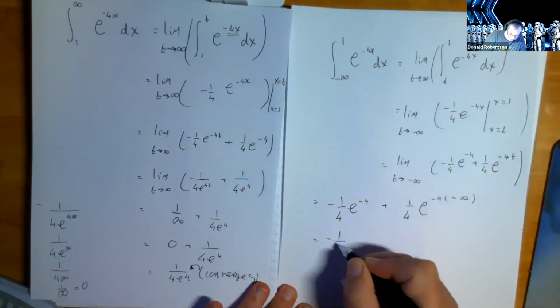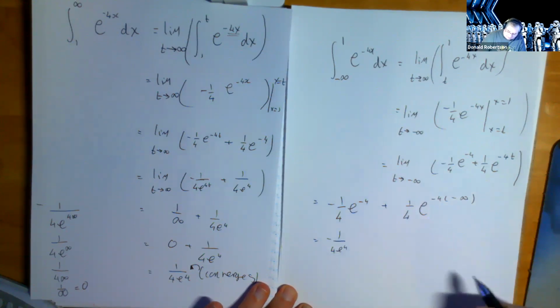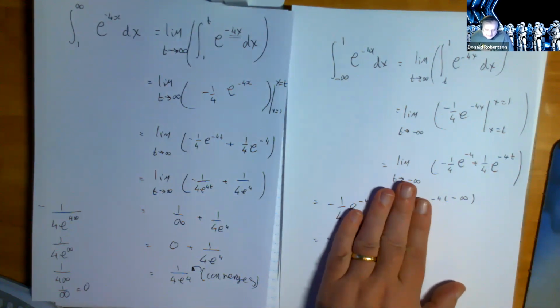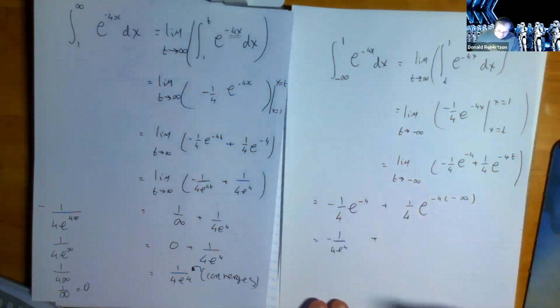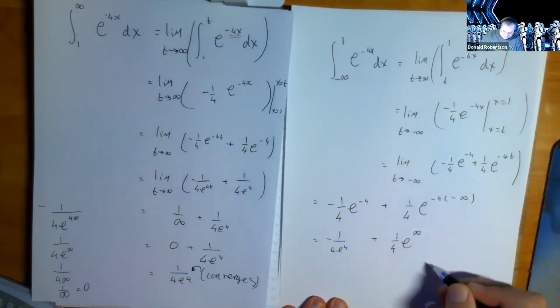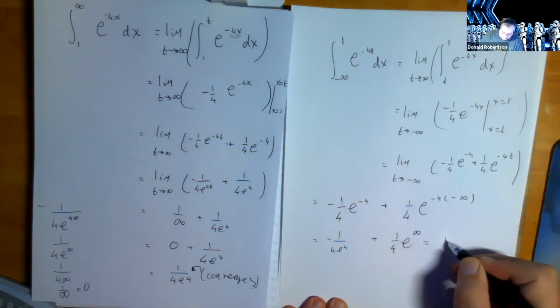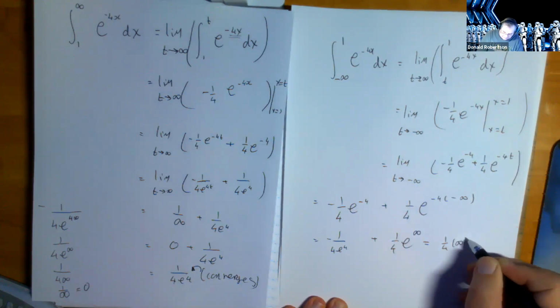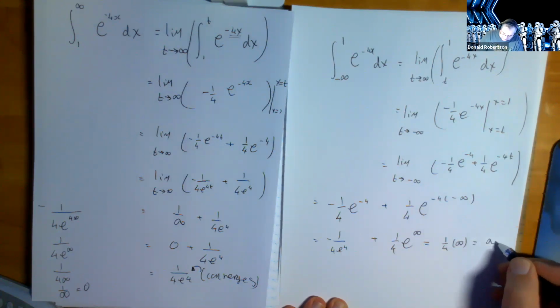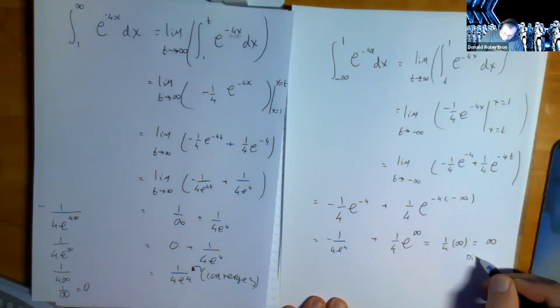This guy I could probably change. He's not the problem, it's this guy. -4 times negative infinity is actually a doable calculation, isn't it? Plus infinity. So what you have is 1/4 e to the infinity, which is 1/4 infinity, because e to the power of infinity is infinite, and 1/4 of infinity is still infinity, so this one diverges.